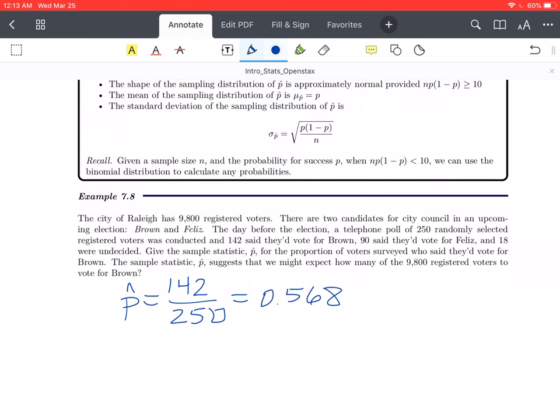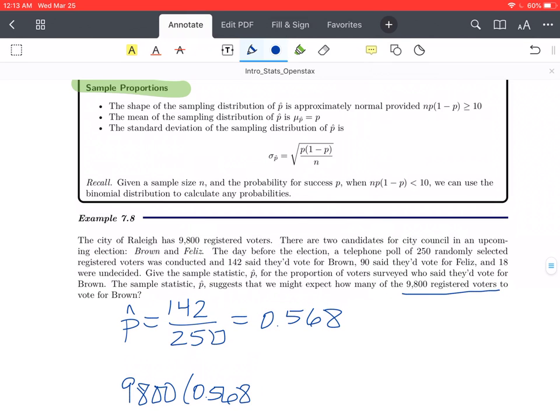Now, to extrapolate from that data, of our 9,800 registered voters, based on this sample alone, how many would we expect to vote for him? So that would be 9,800 times 0.568, which is 5,566.4 people.